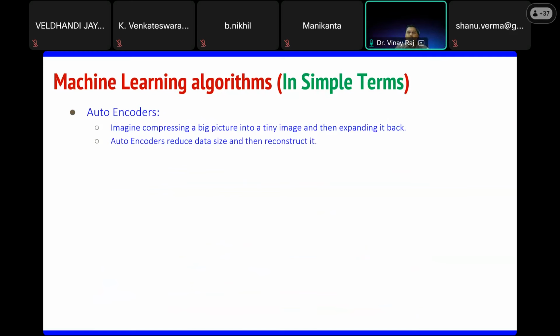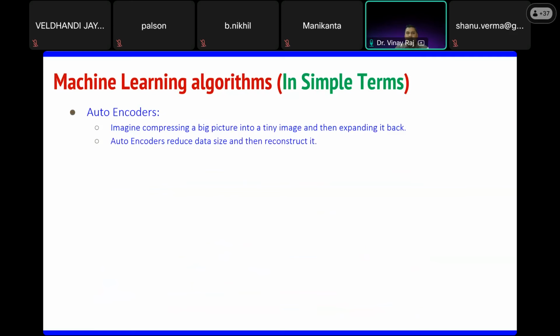Autoencoders. Because we have large models and large data sets, huge data size with us, we have to use autoencoders so that we can make our processing easy. Compress that to a small size, do your task, and again bring it to the original. The best example is putting an A4 size paper in our pocket. I cannot put it easily as it is.